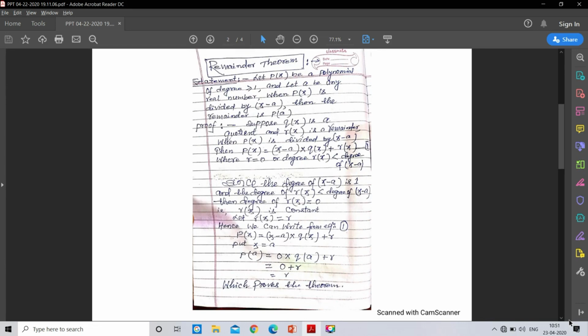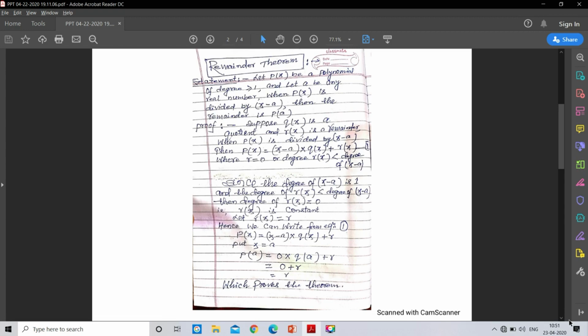Now students, you see the remainder theorem statement. Let p(x) be a polynomial of degree greater than or equal to 1 and let a be any real number. When p(x) is divided by x minus a, then the remainder is p(a).